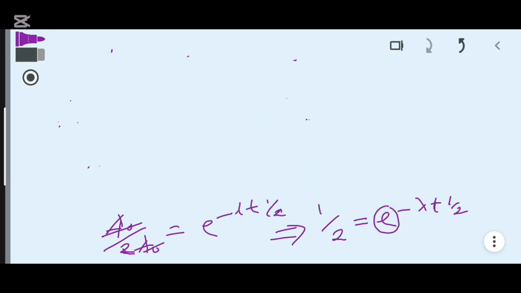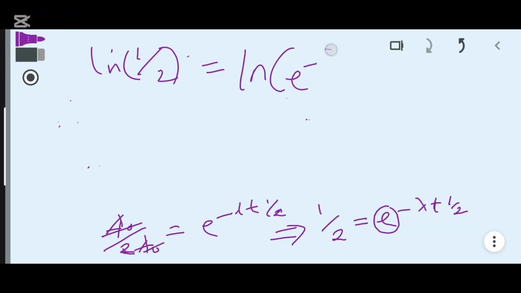Let's take the natural logarithm of both sides of the equation. Now I have ln 1 over 2 equals ln of the exponent of minus decay constant times half-life.